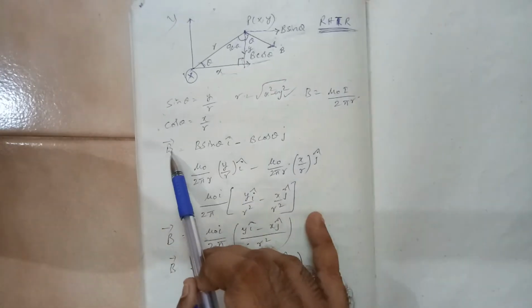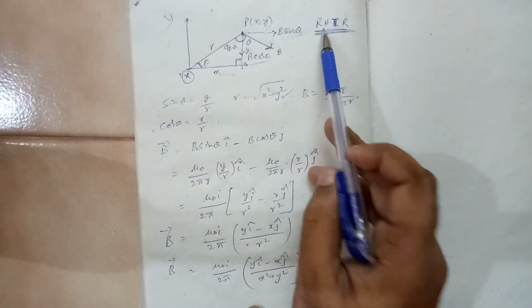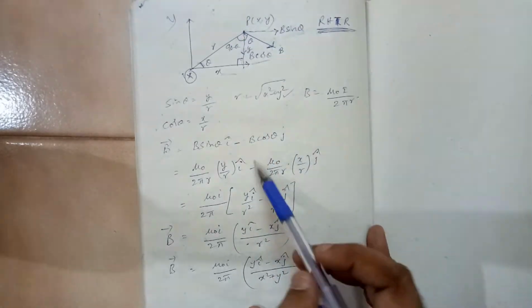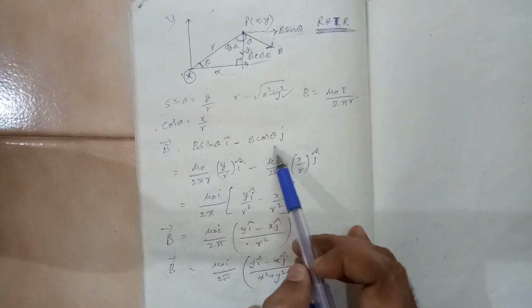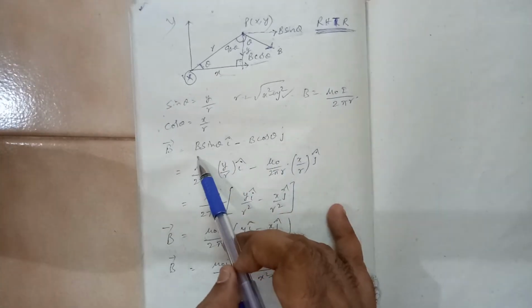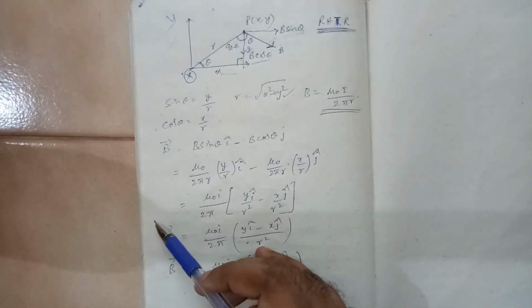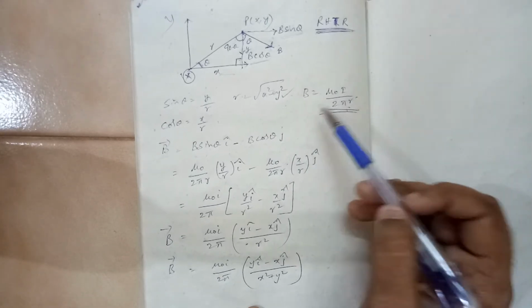So we can write B vector as B sin theta into i cap, because it is in the x direction and upward is positive, and this is in the downward direction, so minus B cos theta into j cap. We have to put the sin theta and cos theta values now, and the B value. So B value for a long wire is mu naught I by 2 pi r, where r is the distance, the position where you are finding the B value.